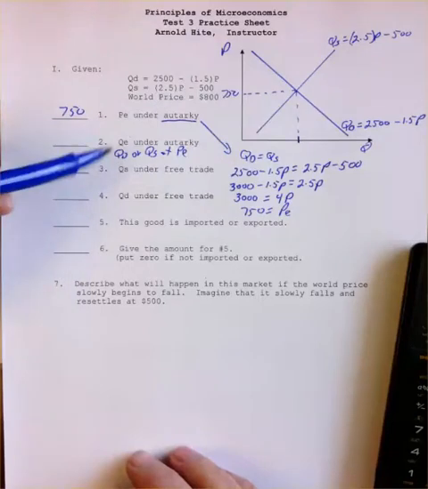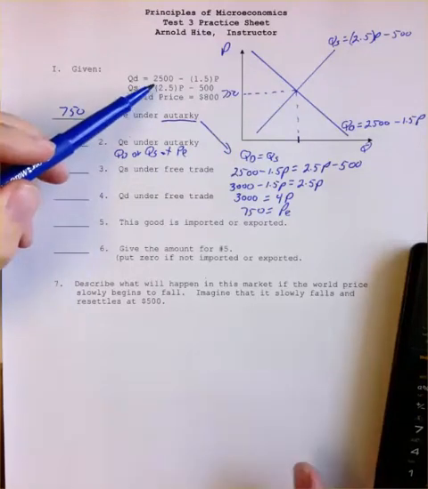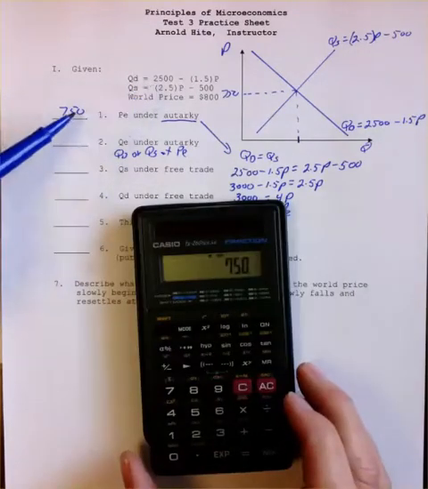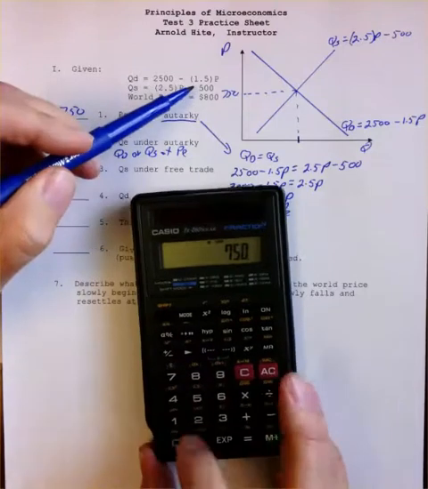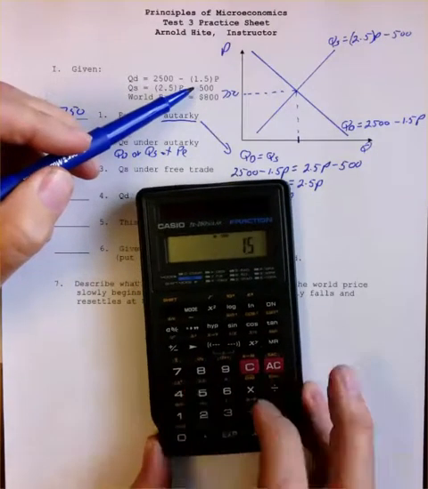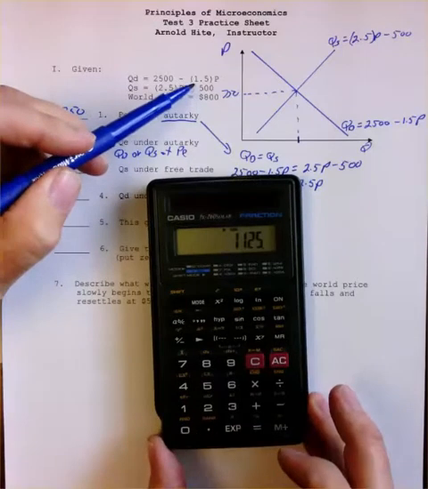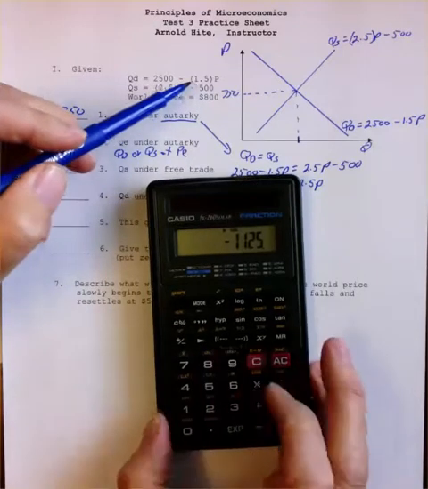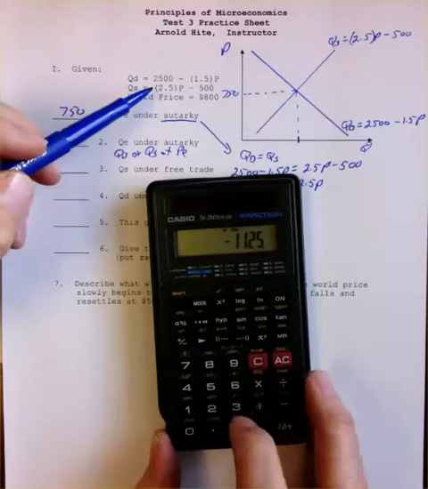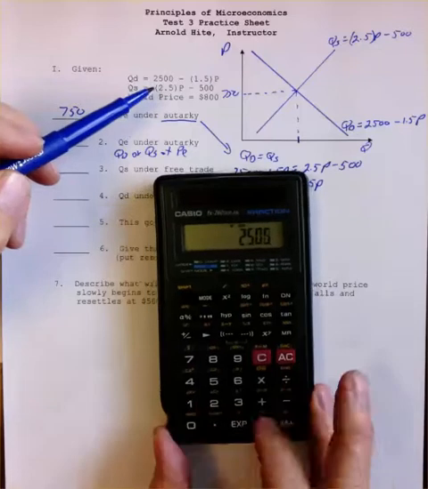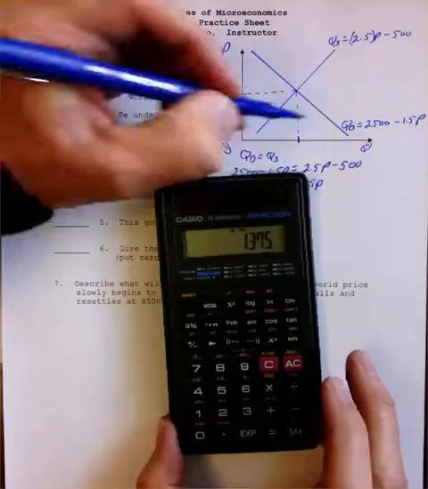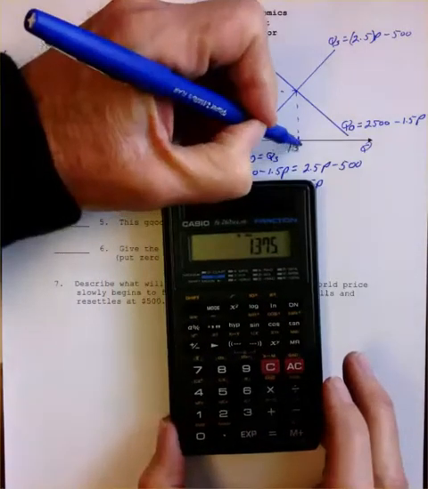I'm just going to go ahead and use the demand curve. So the equilibrium price is 750, so it'd be 1.5 times 750. So I get 1125 for this thing, and I'm going to subtract that from the 2500. So I get the equilibrium quantity is 1375.